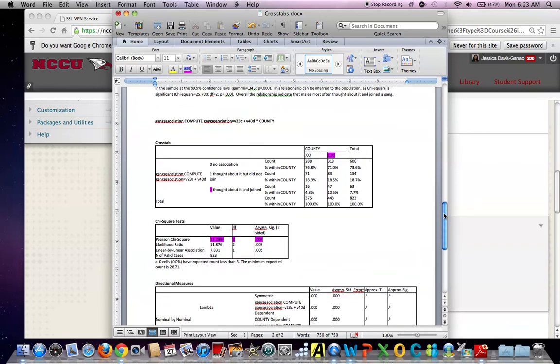And I got that up here. Positive relationship, high value on the dependent variable is associated with a high value on the independent variable, and 1 is in county and thought about it and joined the gang. Okay.